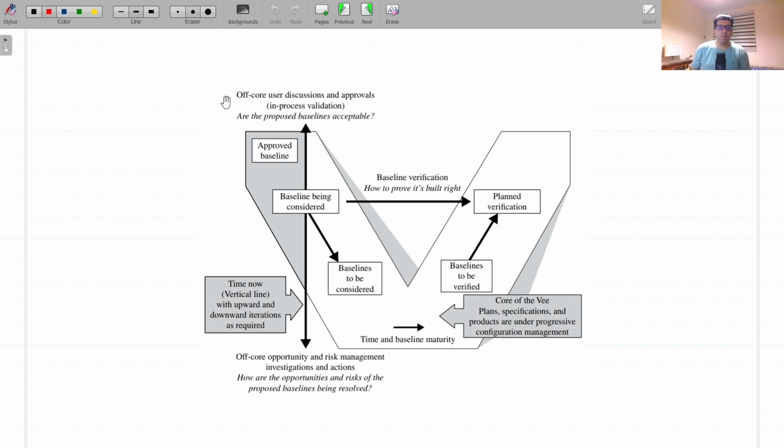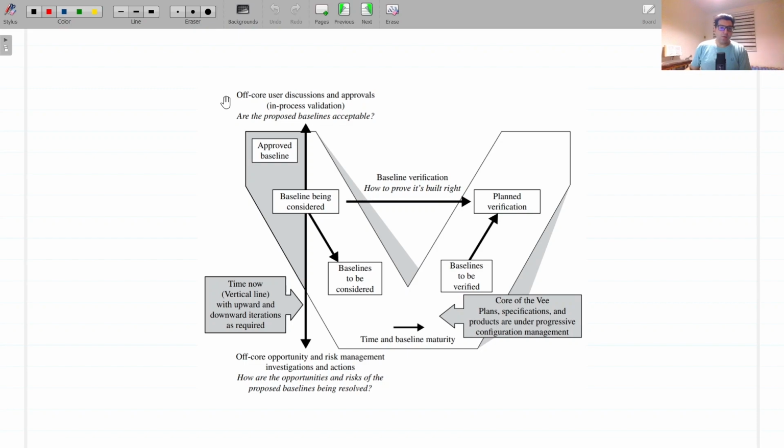The core of the V, that is, those products that have been placed under configuration control, depicts the evolving baseline from stakeholder requirements agreement to identification of a system concept to definition of elements that will comprise the final system.